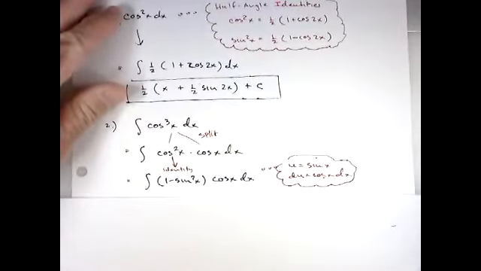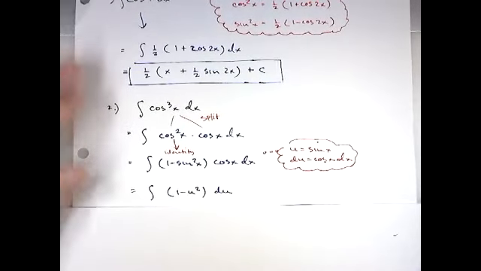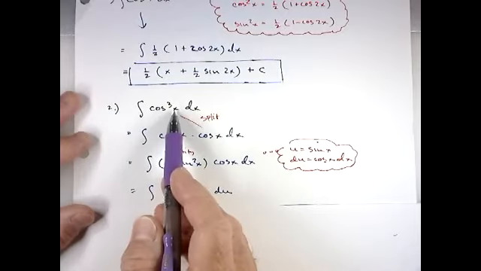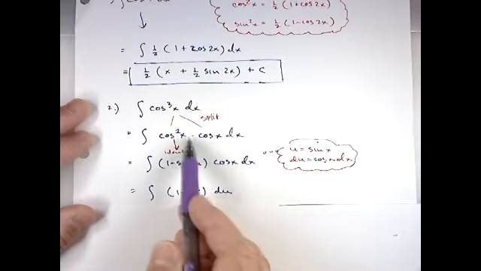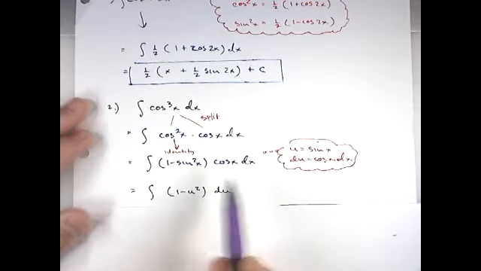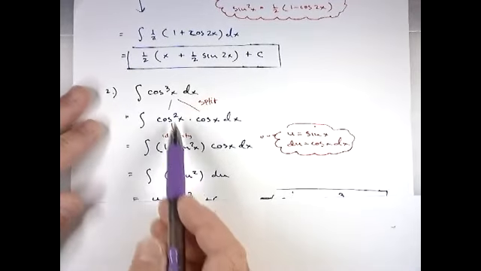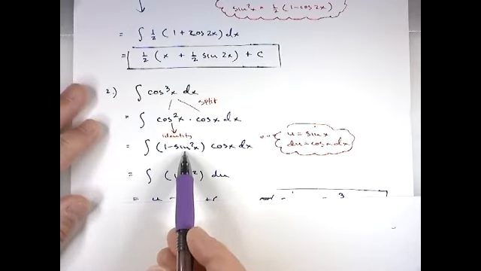What if it was cosine cubed, however? If you get a cosine cubed, we're going to use a different strategy. We're going to split it up into cosine squared x times cosine x. And we're going to use an identity for cosine squared, but not the same one we just used. Remember, cosine squared is also 1 minus sine squared x. That's probably the more familiar identity.